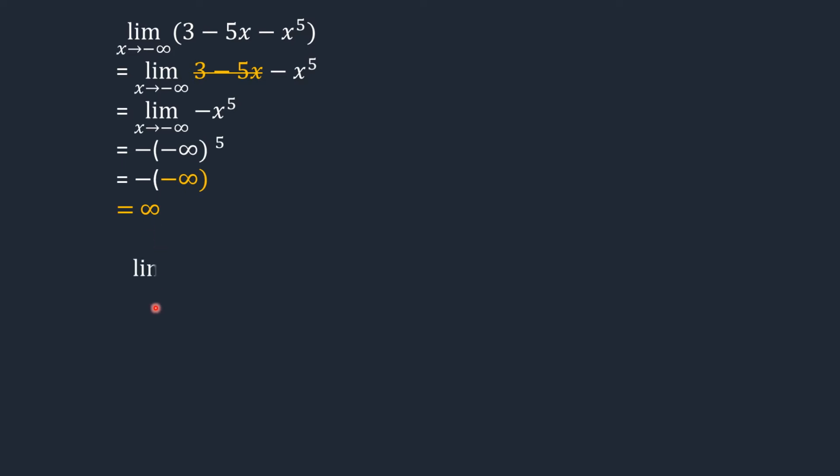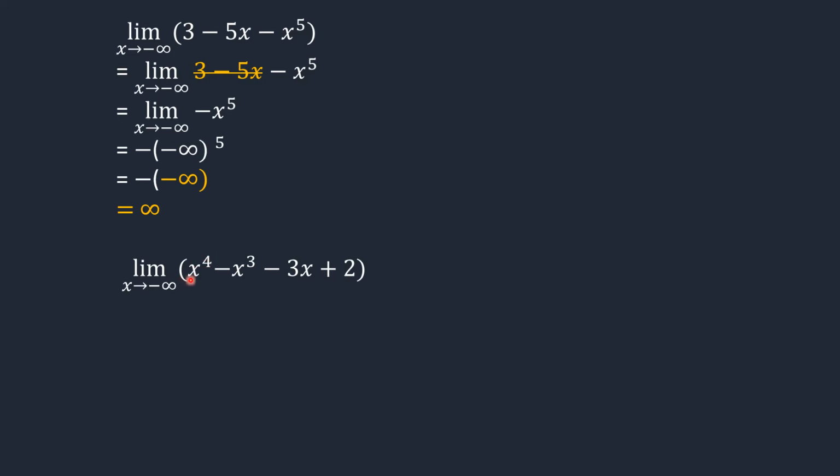Now solve another limit: x to the power 4 minus x cube minus 3x plus 2. In this function, the highest degree term is x to the power 4.